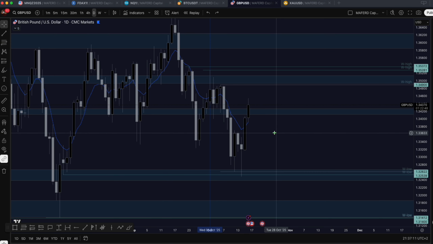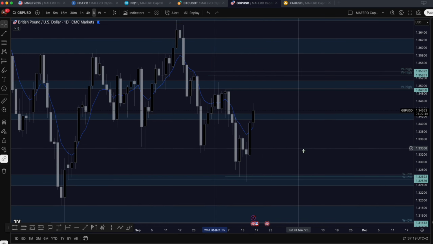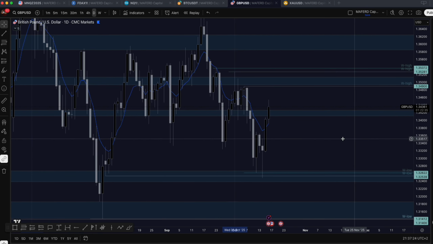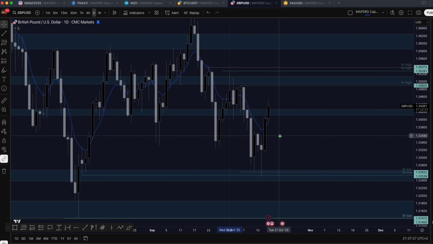So I usually start by analyzing the daily time frame, and as we can see, we were pretty bearish on the daily time frame, making new lows and lower highs.